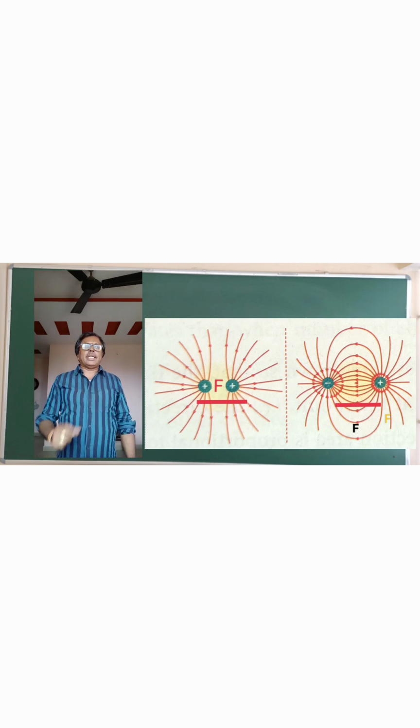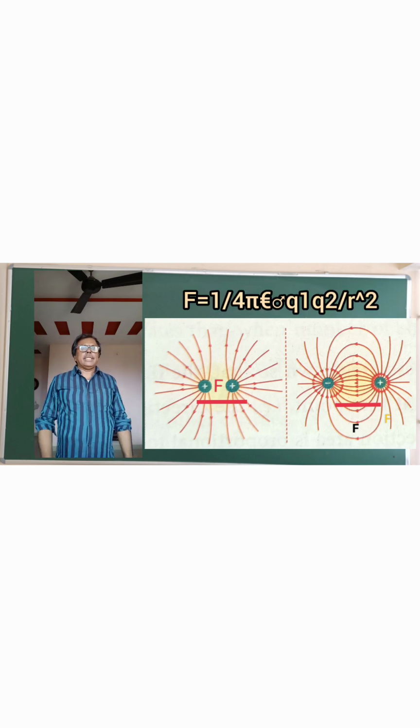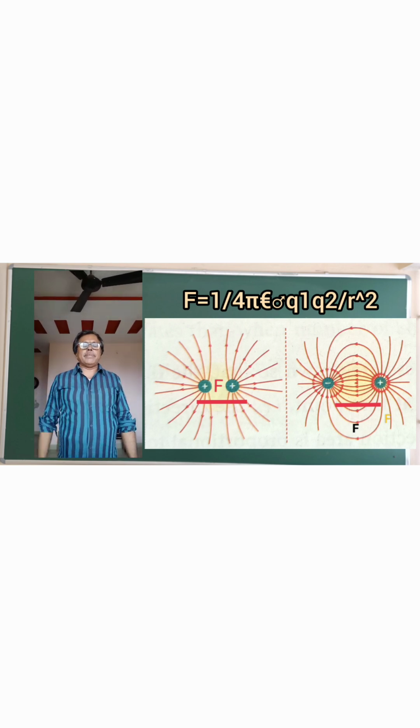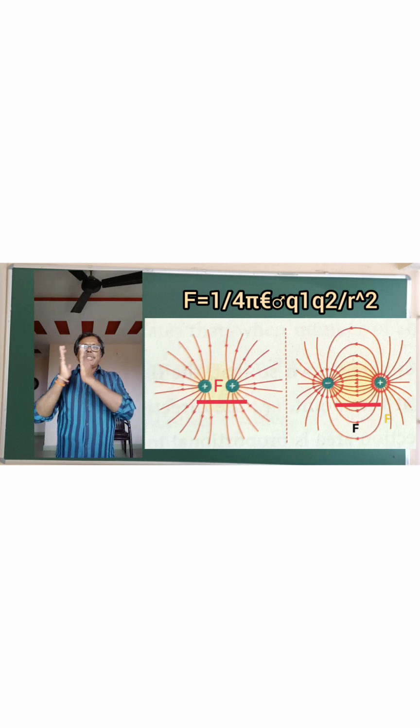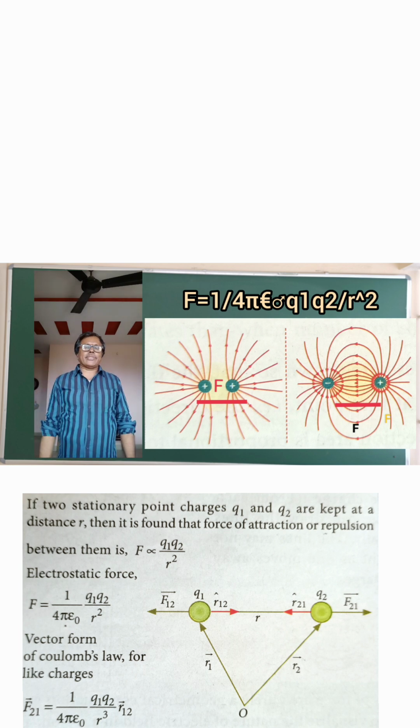According to Coulomb's law, the force of attraction or repulsion between two charges is directly proportional to the product of the charges and is inversely proportional to the square of the distance between them. Therefore, F is proportional to Q1 into Q2. F is inversely proportional to R square.